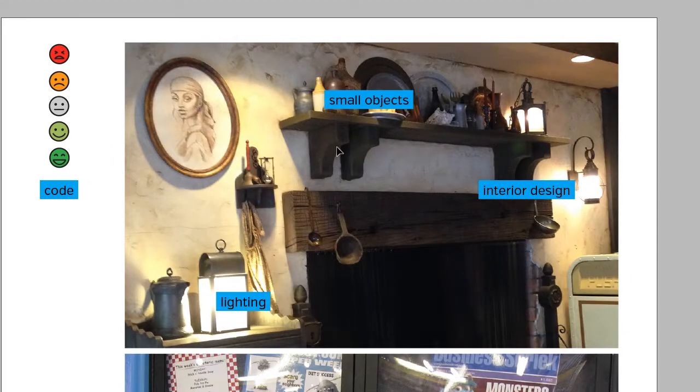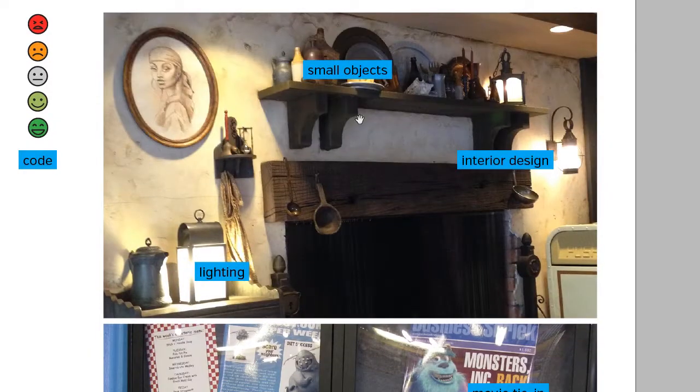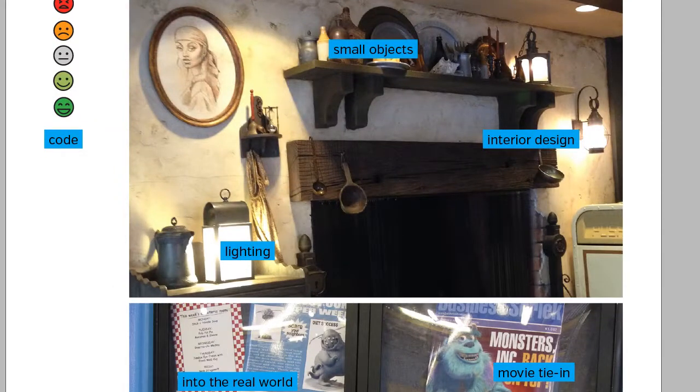Small objects in this environment, in interior design, and lighting. So lighting came up a bunch of times in my small sample. If I did a full study, I might come to the conclusion, okay, Disney uses lighting a ton. Of all the codes that I compiled, lighting was the one that showed up the most. And small objects was the second most.